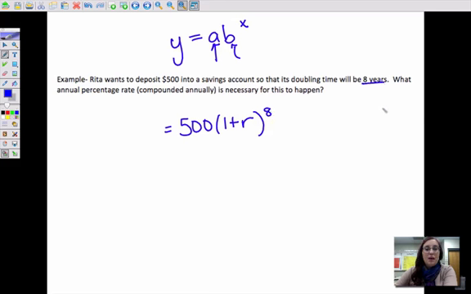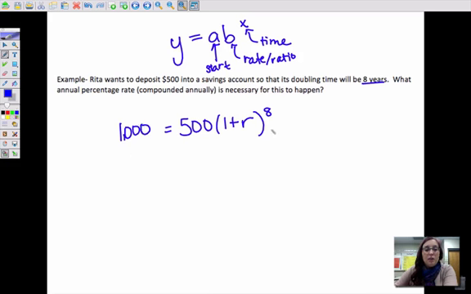We want it to be 8 years. In an exponential growth, this is often time. Let me get those written in there. I think this is something we've worked on before, just want to make sure that you understood here. And I'm doubling it, so I know that the amount that I want in the account is $1,000.